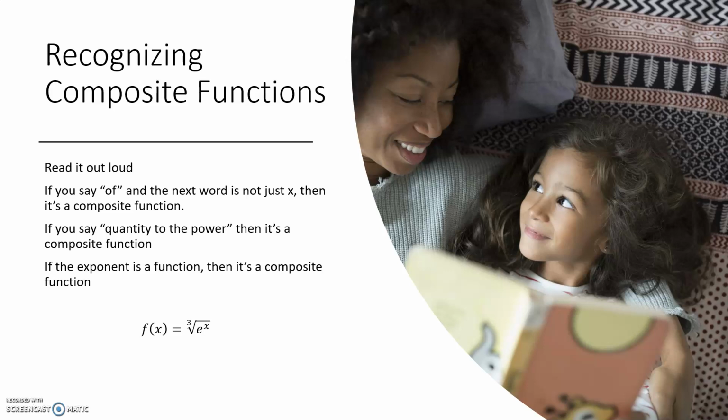Said "of," the next word was e to the x, not just x. f of x equals the quantity x squared minus 9x plus 4 raised to the third power. That is a composite function. And finally, f of x equals e to the 3x. I didn't just say x for my exponent, I said 3x, so it's a composite function.